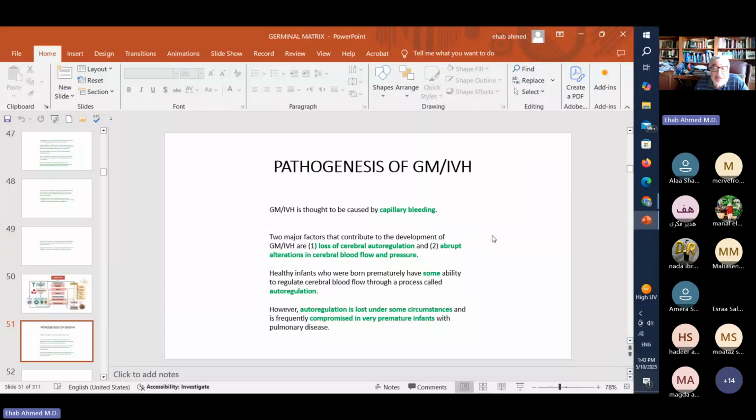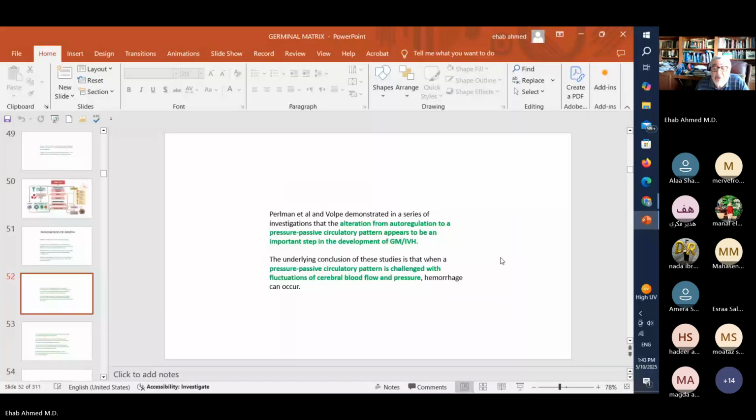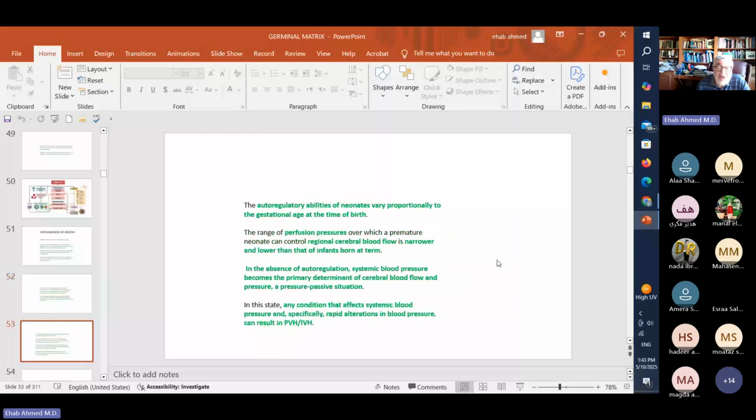So the bleeding starts in the GM, and then may or may not go to the ventricles, and then may or may not go to the brain parenchyma. Okay.